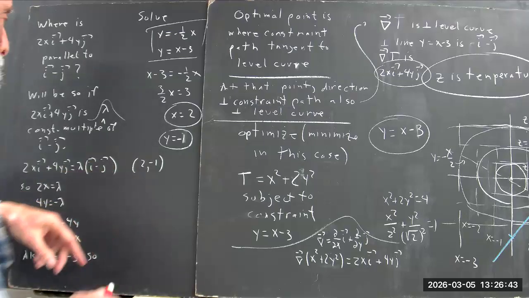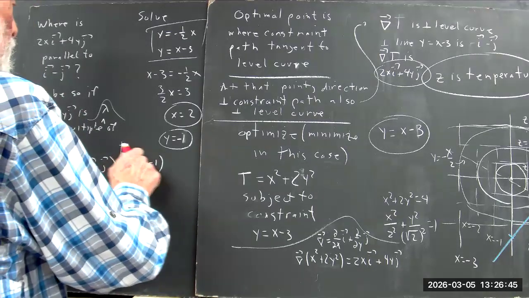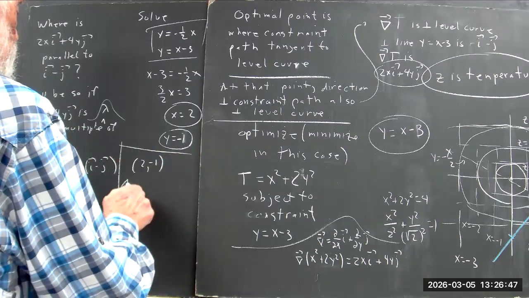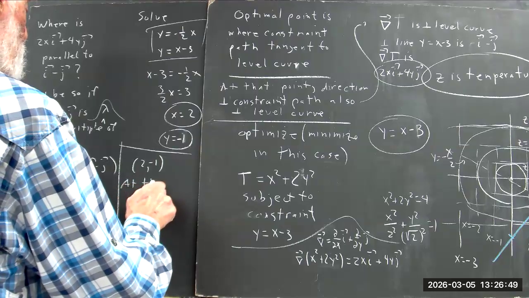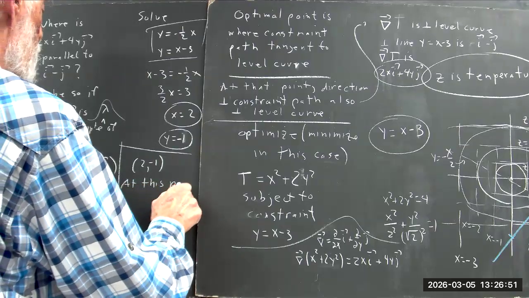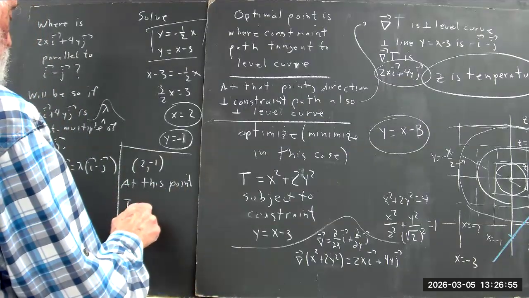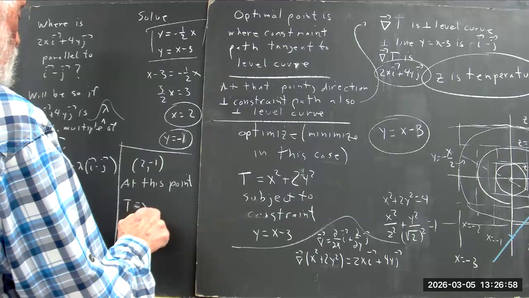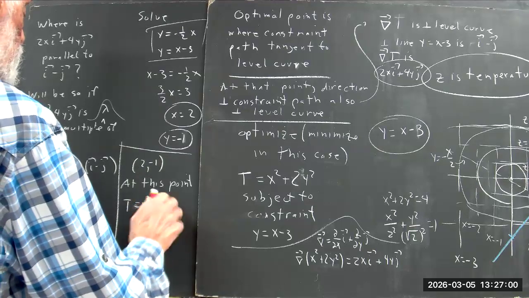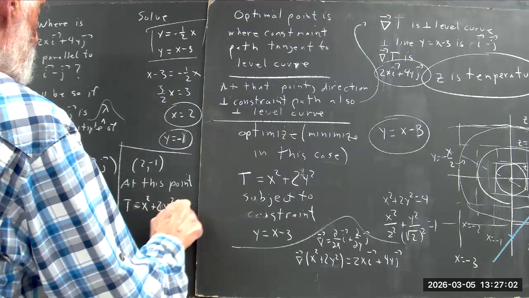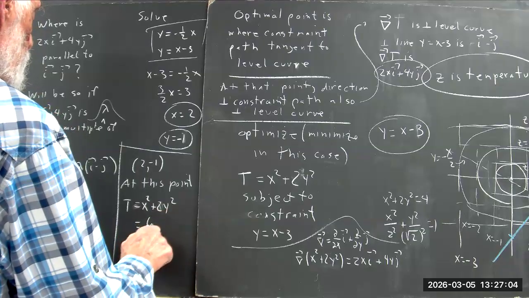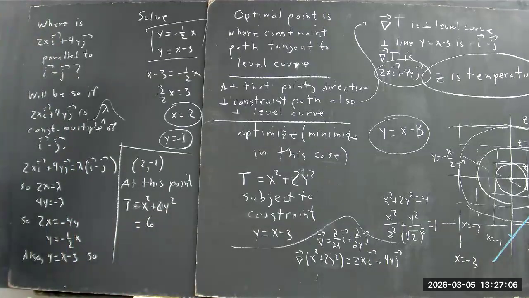Okay, so what happens? x squared plus 2y squared equals 6.